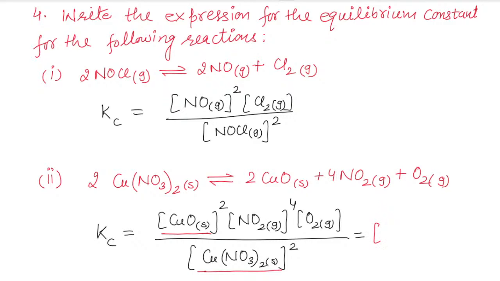So the final expression is NO2 raised to power 4 and O2 gas raised to power 1. Sorry, it is 4. So this is the actual expression. That's it. This is the second expression.